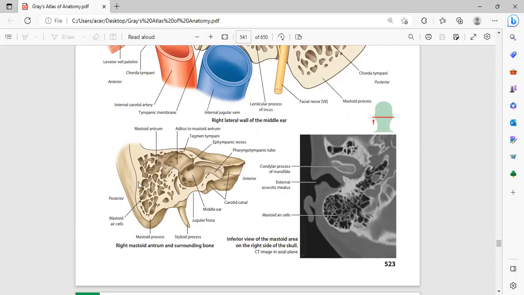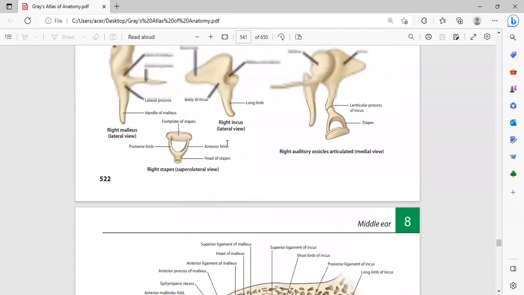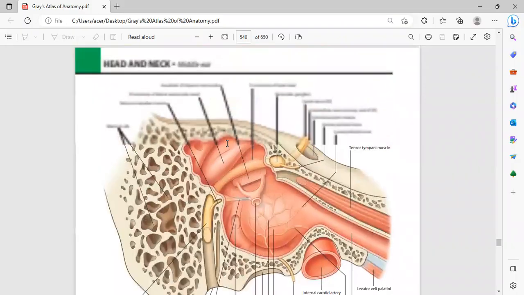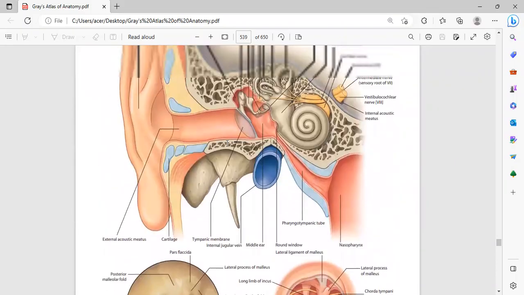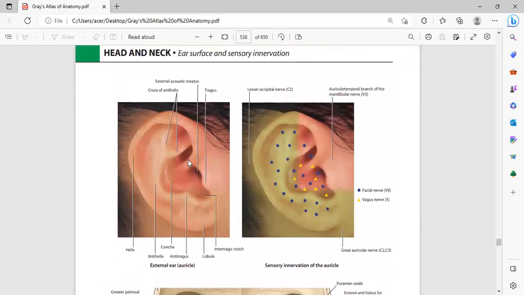What we have to know about the mastoid antrum and the mastoid air cells is that when you're looking at it from outside, it corresponds to this part of the bone, which is called the suprameatal triangle. We know where the external auditory meatus is located, right? So this is the external auditory meatus.